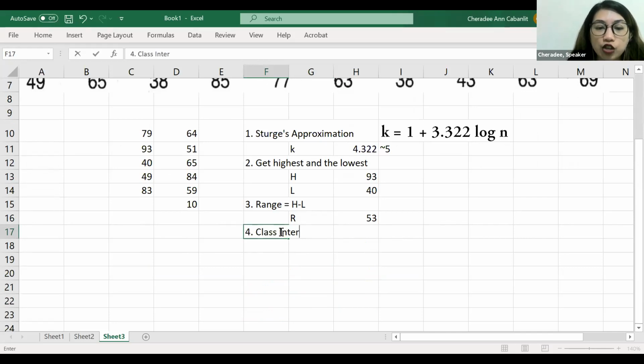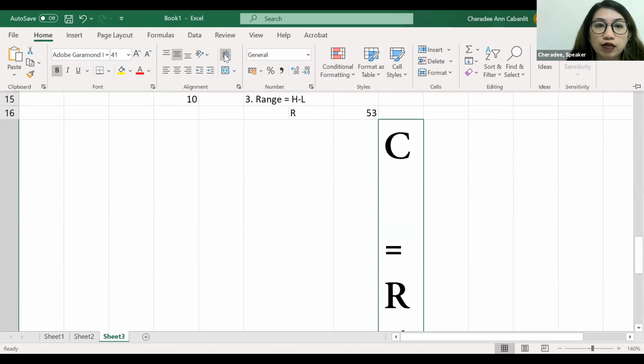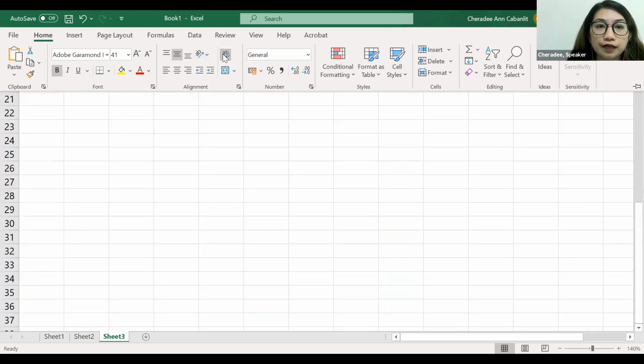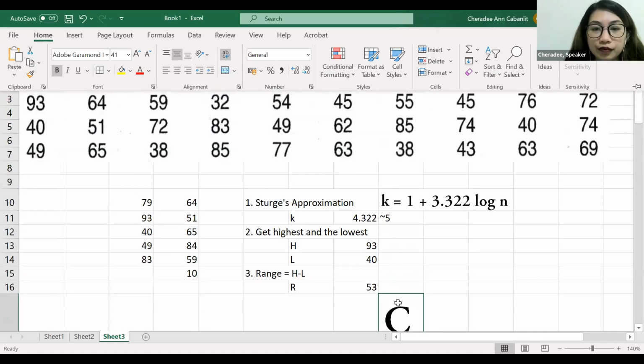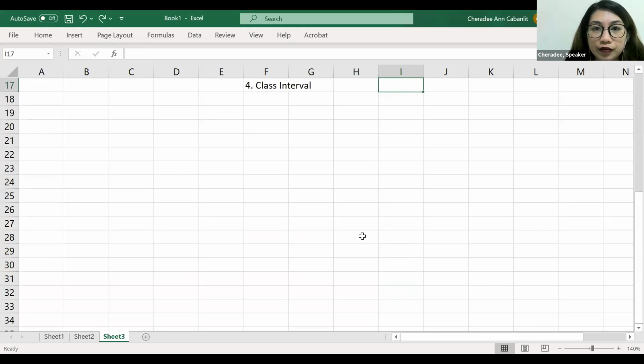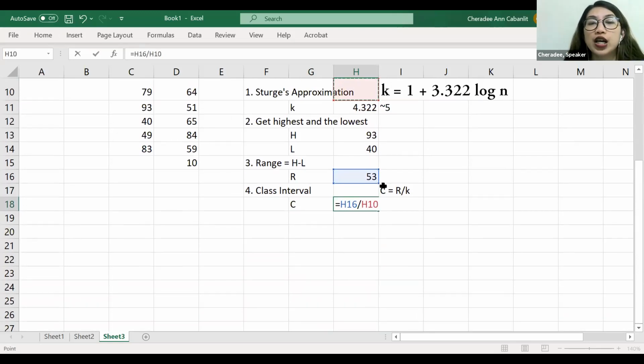The formula is R over K, so your class size is your range divided by K. Now, which one are you going to use, 4.322 or the 5?